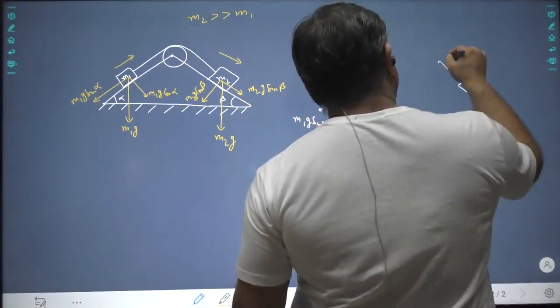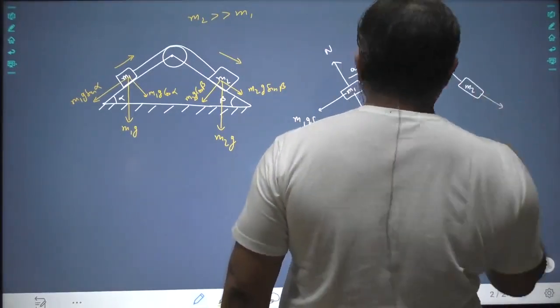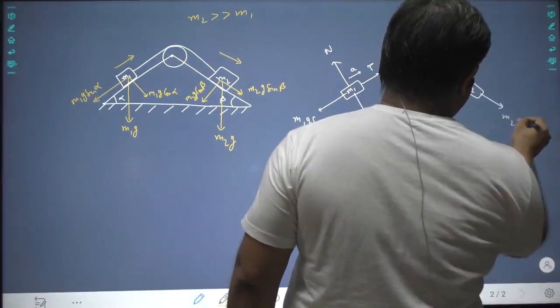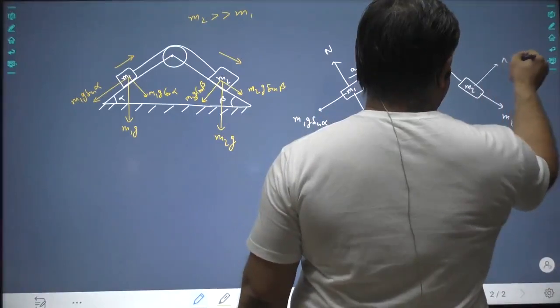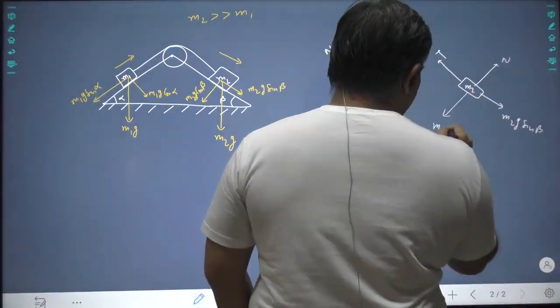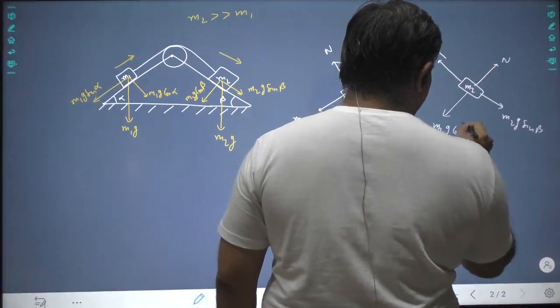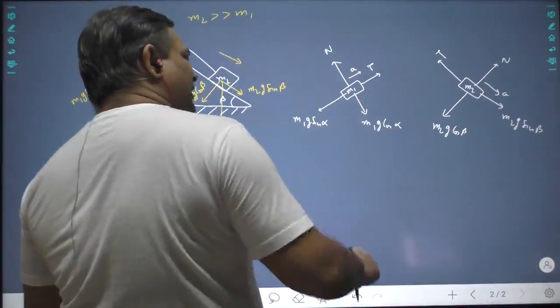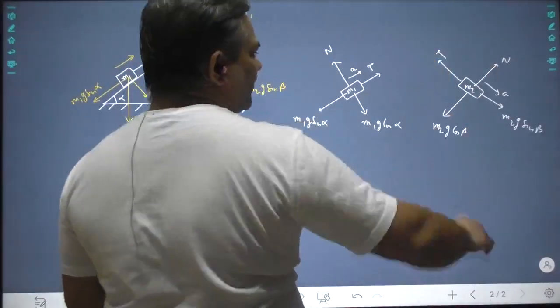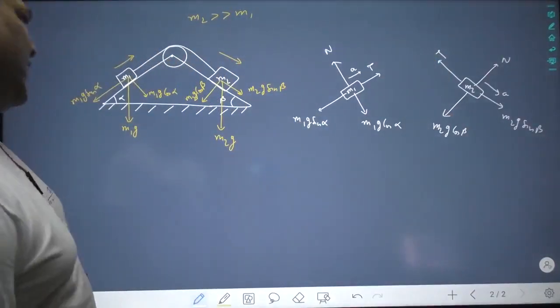So tension in this direction. The weight component M2G sin beta. Now the normal reaction and the weight component M2G cos beta, and acceleration here. Now first you make the free body diagram. This is the free body diagram.